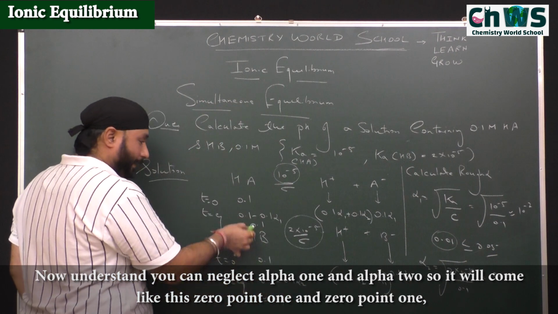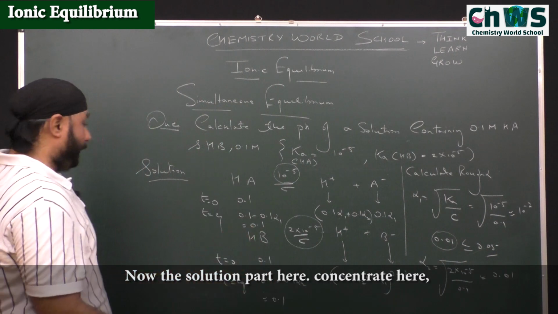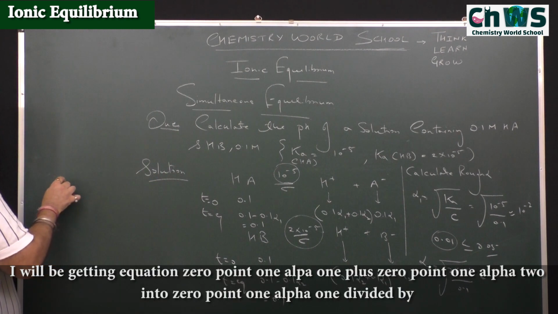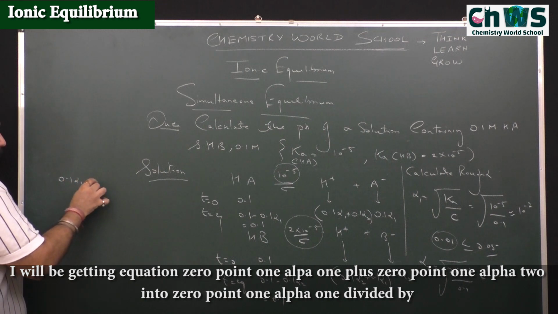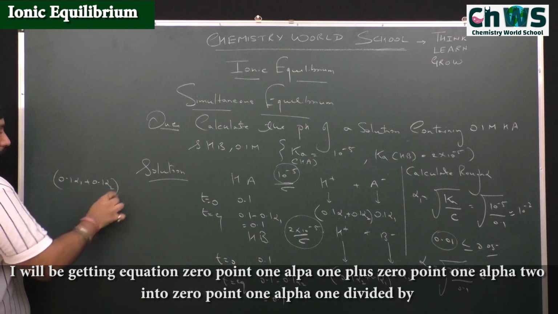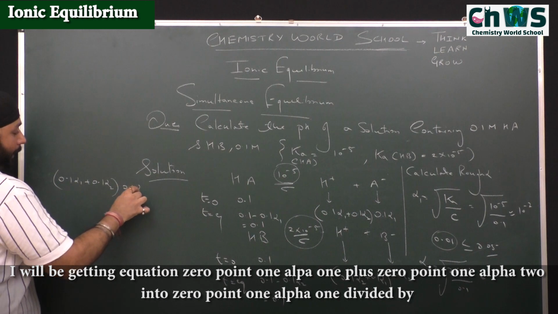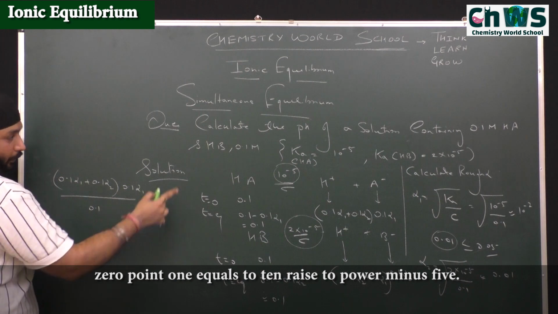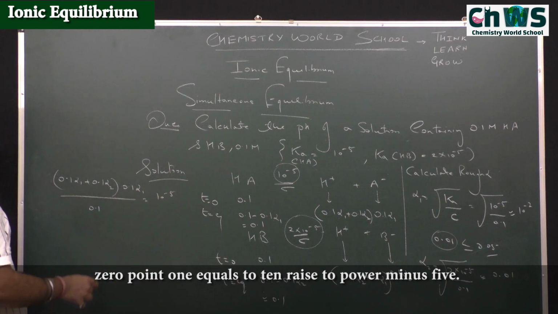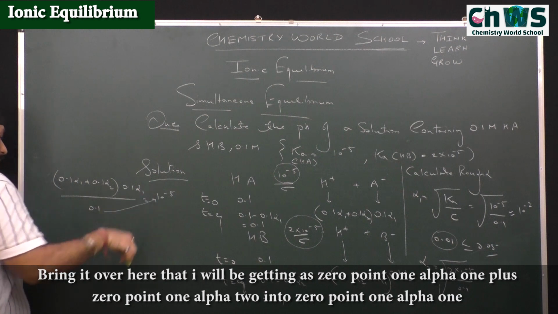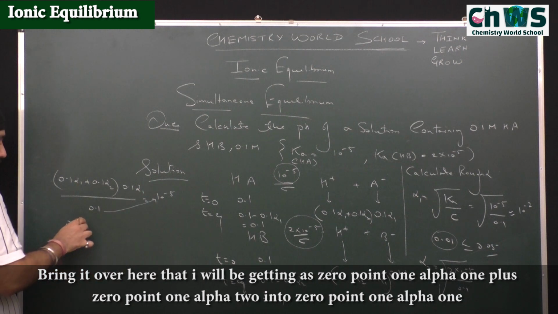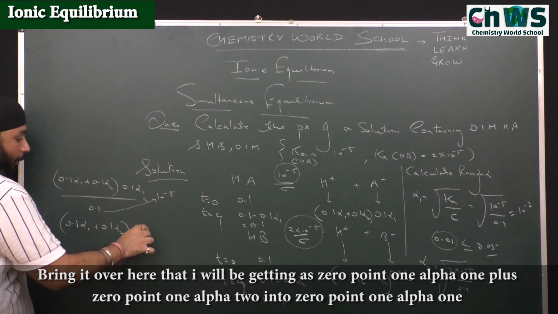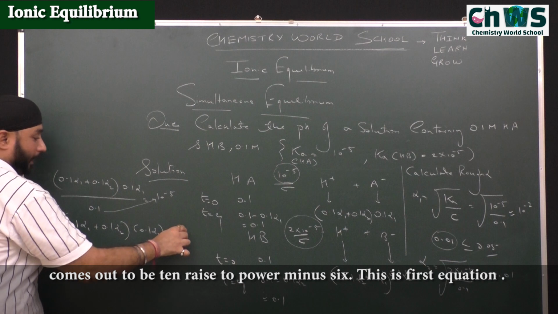So it will come like this, 0.1 and 0.1. Now the solution part. Concentrate here. I get the equation (0.1 alpha 1 plus 0.1 alpha 2) into 0.1 alpha 1, divided by 0.1, is equal to 10 raised to power minus 5. Bringing it over here, (0.1 alpha 1 plus 0.1 alpha 2) into 0.1 alpha 1 comes out to be 10 raised to power minus 6.